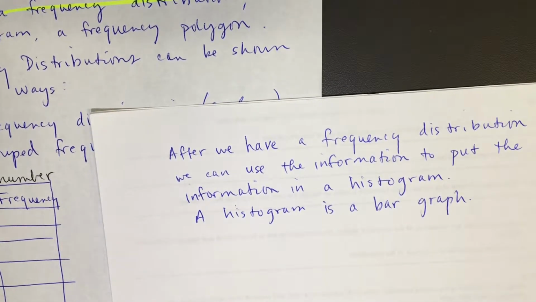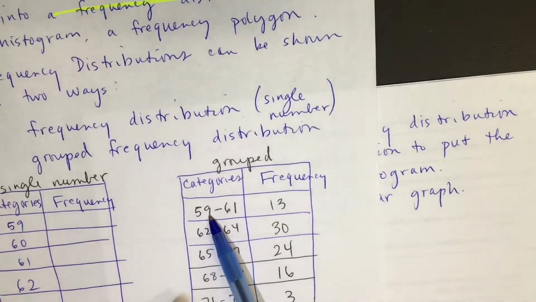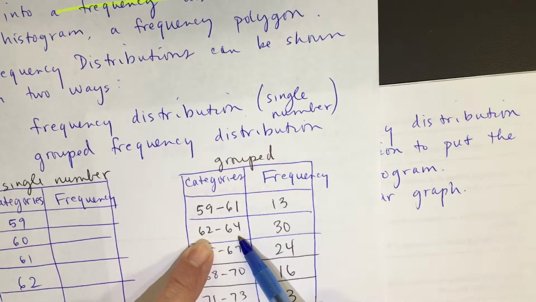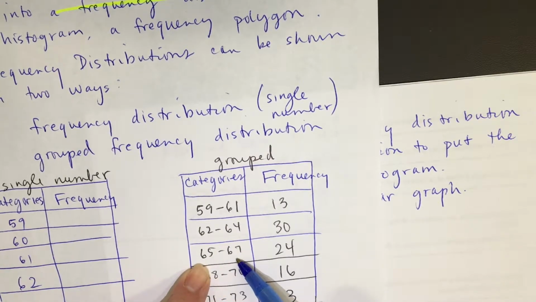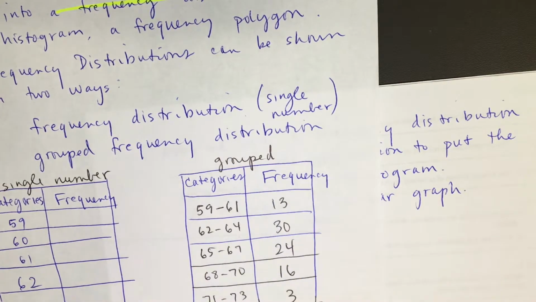It's a bar graph where there are certain categories. One category might flow straight into the next. Like with these heights that we have from a previous class, I have 59 to 61, 62 to 64, 65 to 67. So 64 and 65, one number follows the other right after. Those bars would be touching because of that.